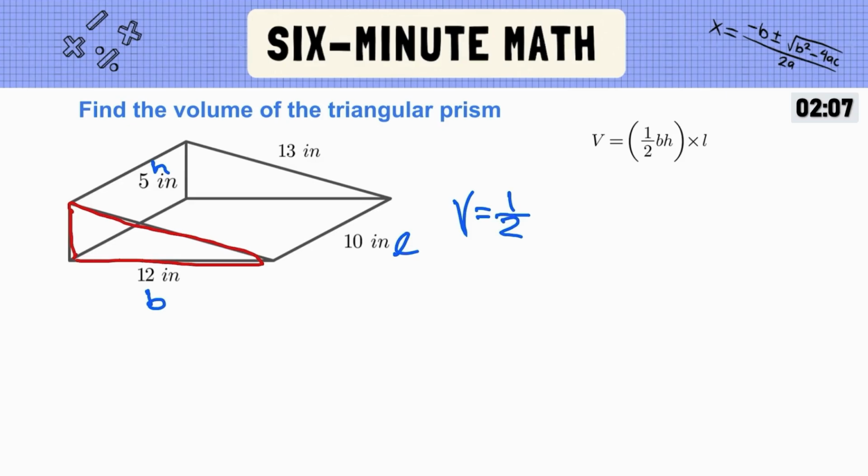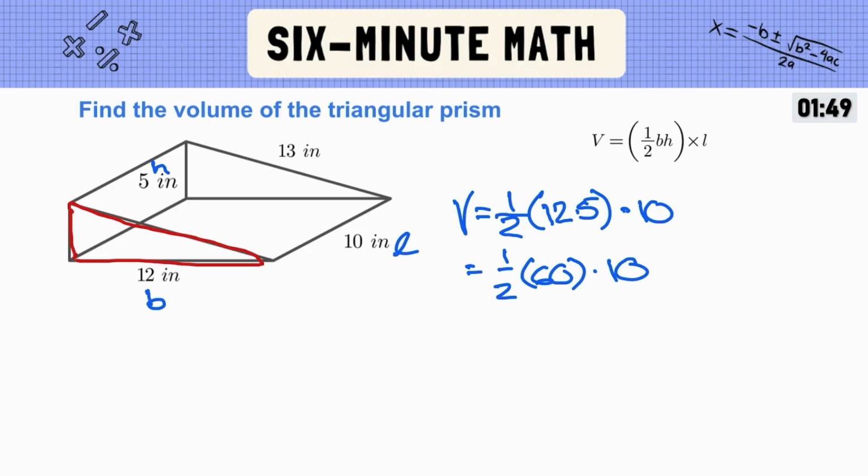We have 1/2 base times height, 12 times 5, and I'm going to multiply that by 10. This is equal to 1/2 of 60 multiplied by 10. 1/2 of 60 is 30 multiplied by 10. And 30 times 10 is 300, and we have cubic inches.